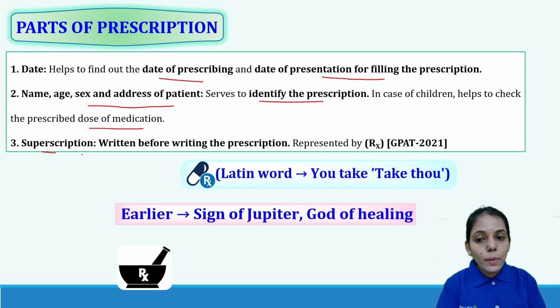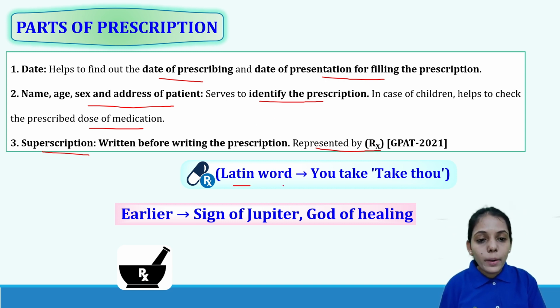Next comes the superscription. It is written before writing the prescription. It is represented by RX. So this is a JPAT 2021 question. Any prescription you see will always have RX written at the corner. Any registered medical practitioner, the first thing they write after the details of the patient, is the superscription.